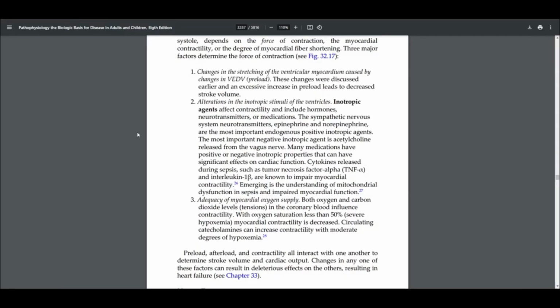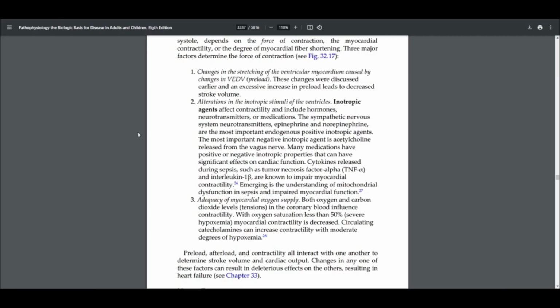Second, alterations in inotropic stimuli of the ventricles. An inotropic agent affects contractility, and it includes hormones, neurotransmitters, or medications. The sympathetic nervous system neurotransmitters, epinephrine and norepinephrine, are the most important endogenous positive inotropic agents.